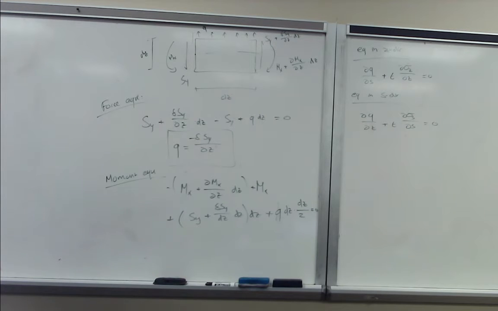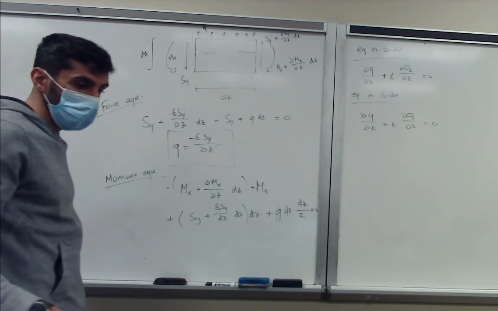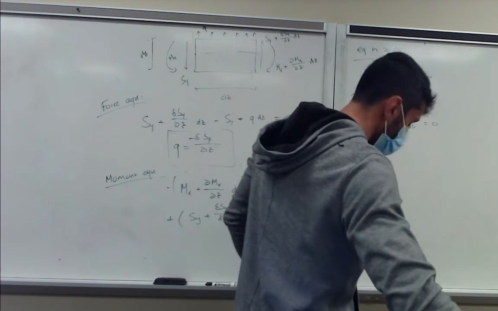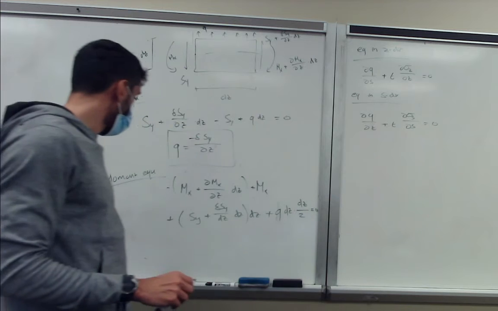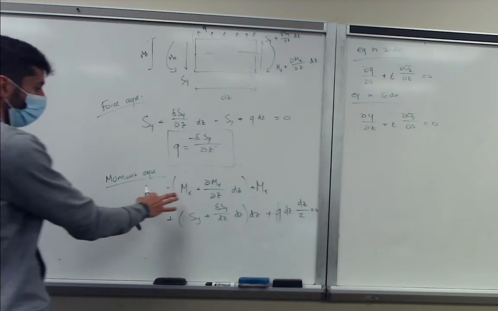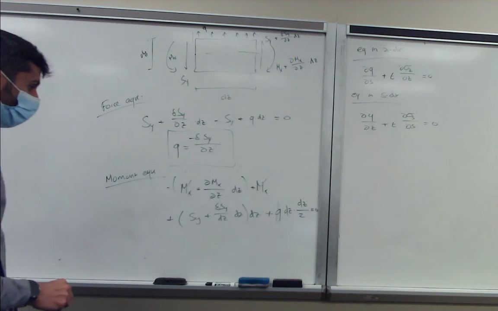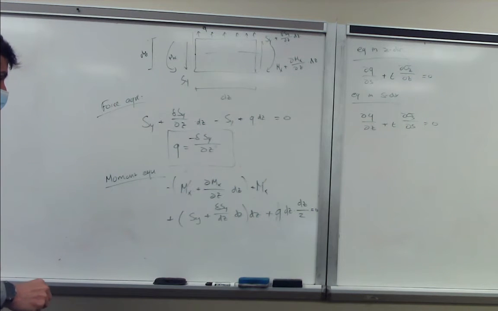So again, a couple of terms will cancel out. So we know we have an mx, we have plus mx here, so these cancel out. Let's see what else cancels out.